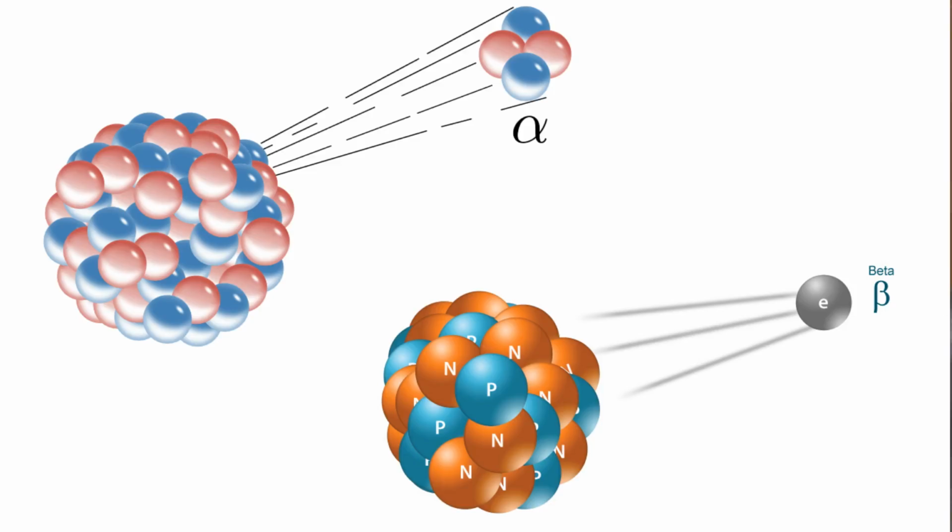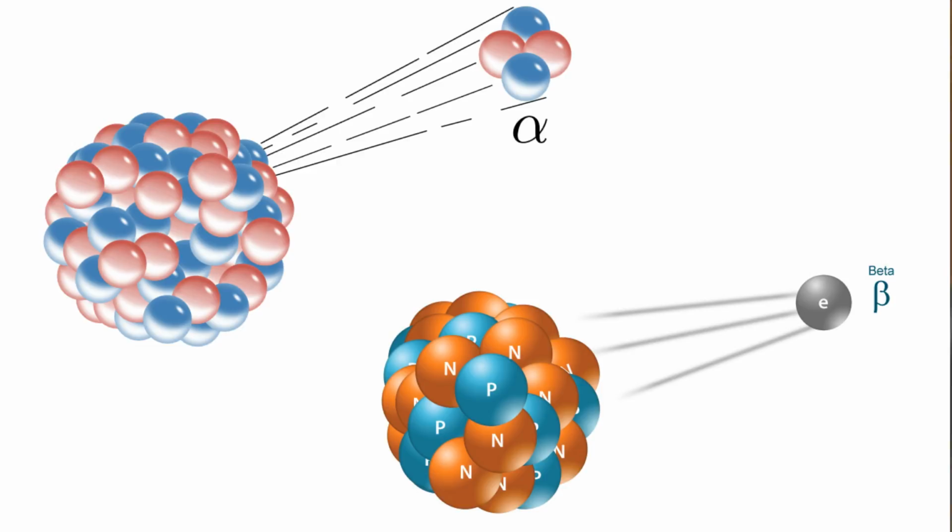He concluded that an atom is mostly empty space because of the alpha particles. He also did it with beta particles, by the way. Let me just show that real quick, what I'm talking about. Alpha particles and beta particles, that's what they are. An alpha particle is essentially a helium nucleus, 2 protons and 2 neutrons.